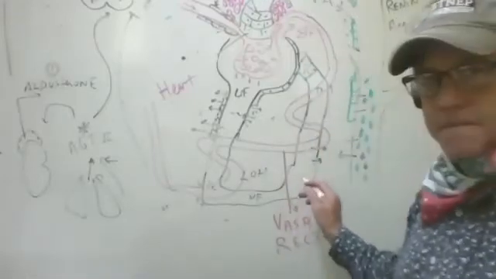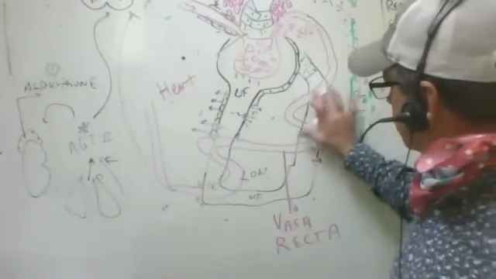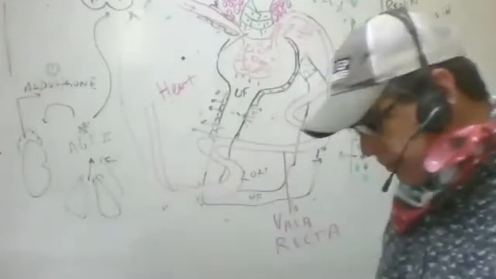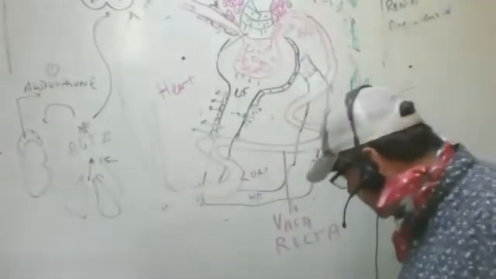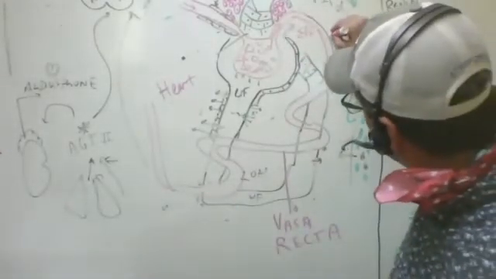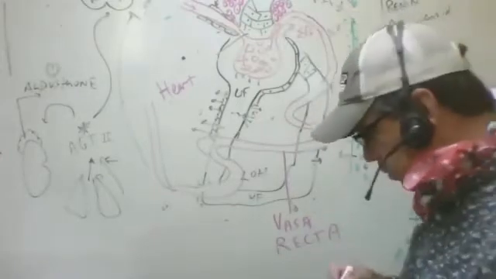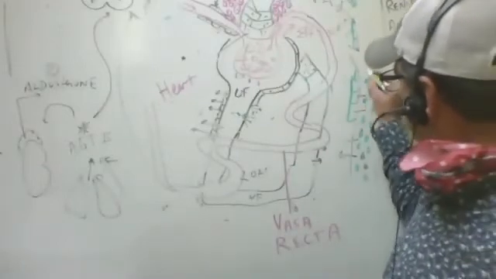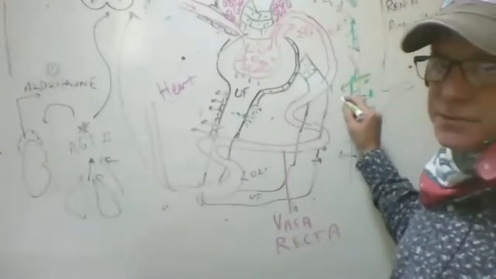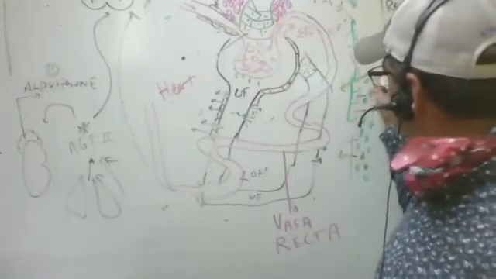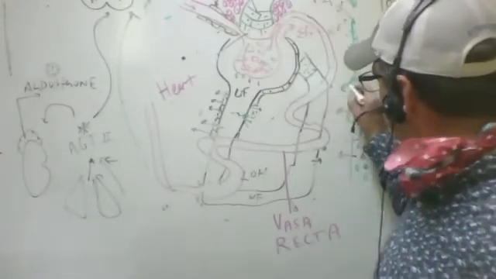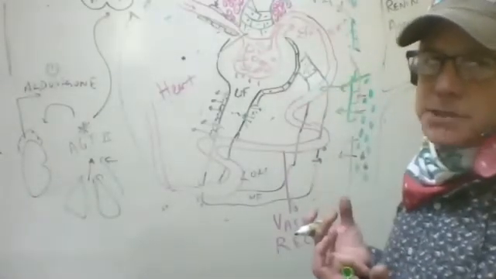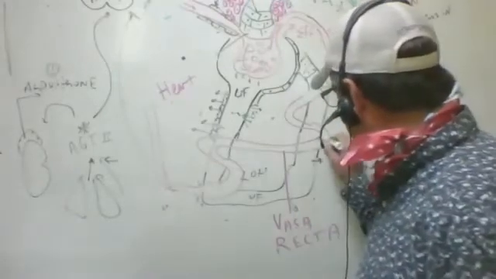This vasa recta has this important role of, maybe you can see how it's going to work here, because this blood is coming into close contact with all that sodium that was here and all that water that's being pulled to the sodium, right? So when I told you that the water was coming out of the collecting duct into the interstitium, it's not just sitting here in the interstitium. The water that's coming out of the collecting duct goes into this vasa recta, and the blood takes back the water, right?